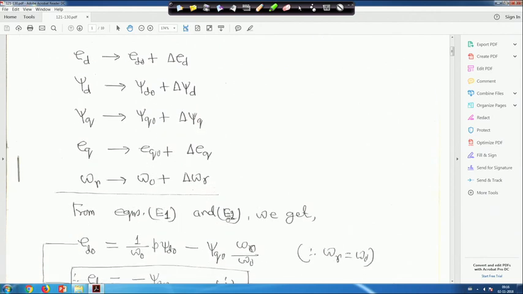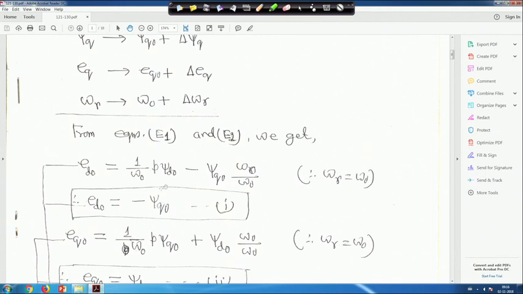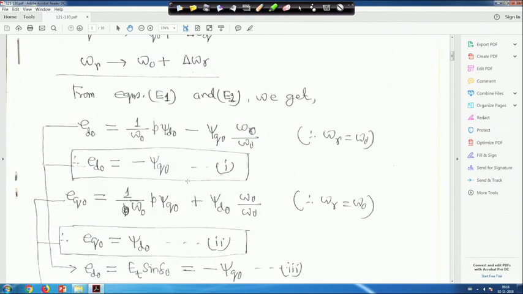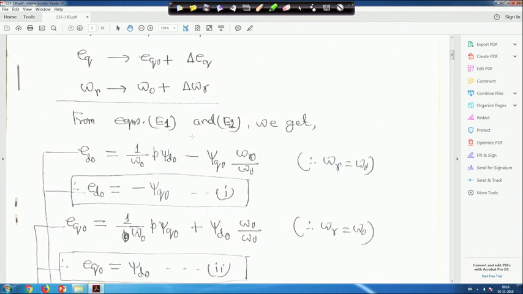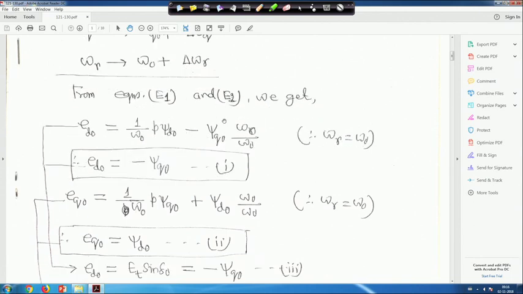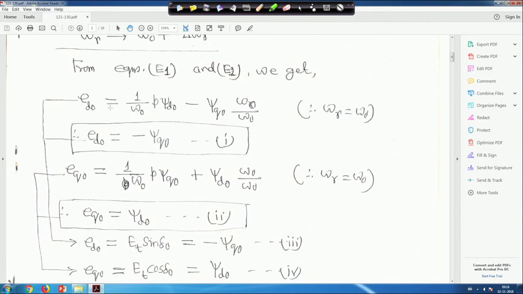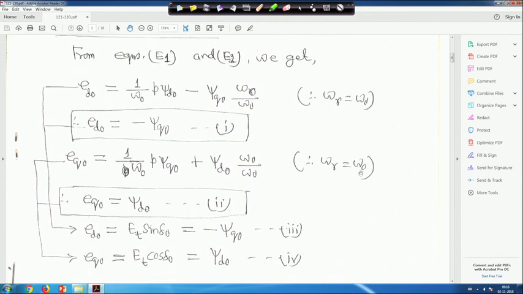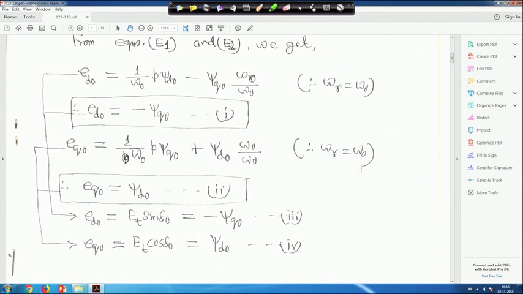Now, in equations E1 and E2, if you substitute and simplify, it can be written like this: E d 0 equals 1 upon omega 0 p psi d 0 minus psi q 0 times omega 0 by omega 0. This term will be 1 because omega r is equal to omega 0. So if you put all the initial values only, E d 0 will become minus psi q 0.